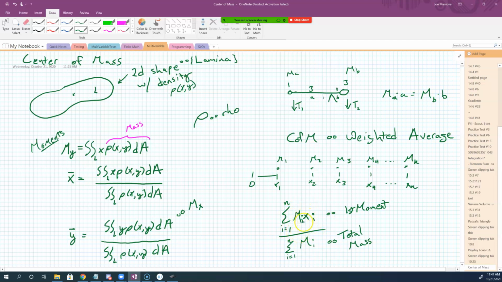It's masses times distances, so in reasonable units it would be kilogram meters. So it's going to be the total kilogram meters involved in the system, which to me doesn't have an obvious physical interpretation.